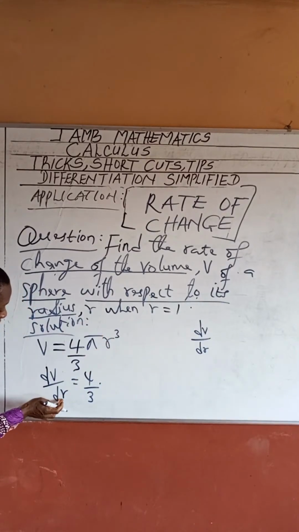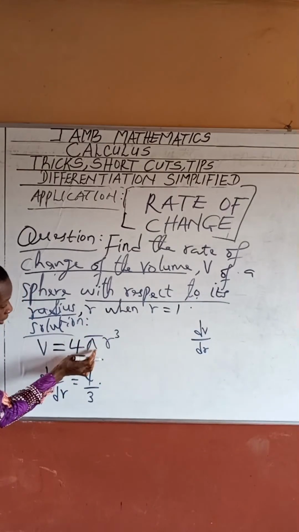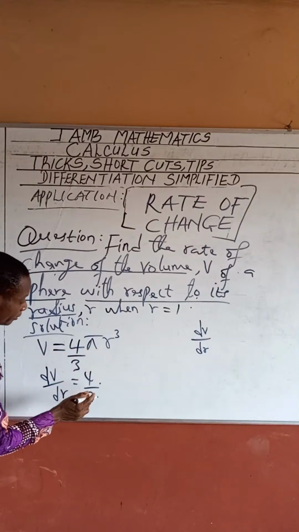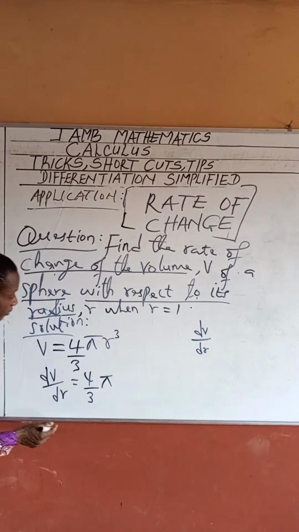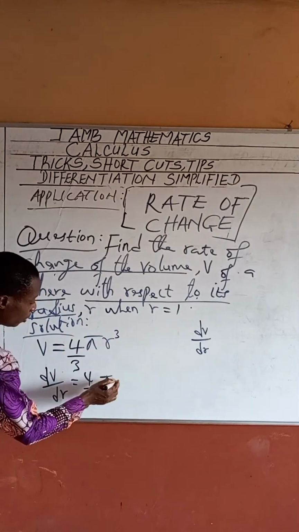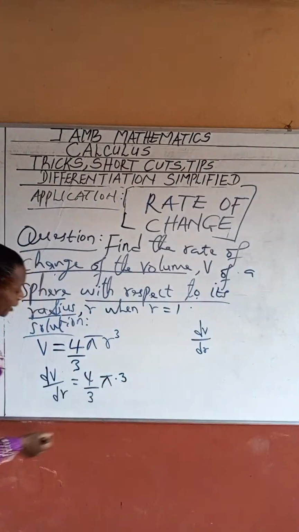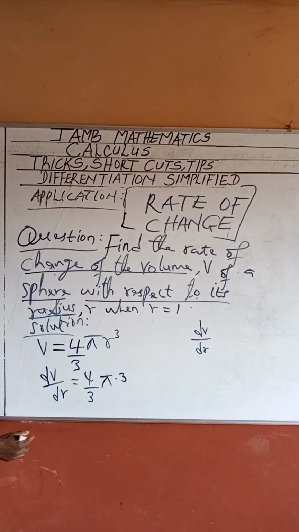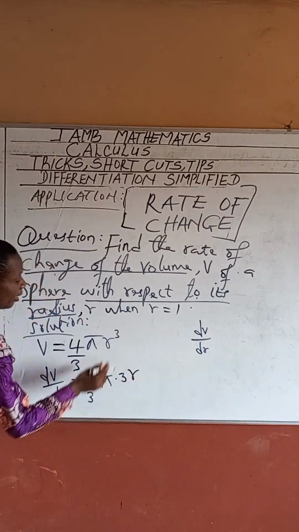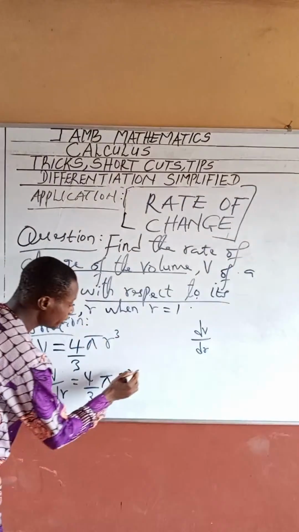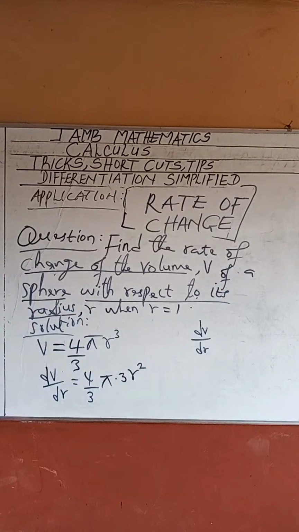Remember, we are differentiating with respect to r, so the constants stay. Decrease the power by 1 and r becomes r squared.